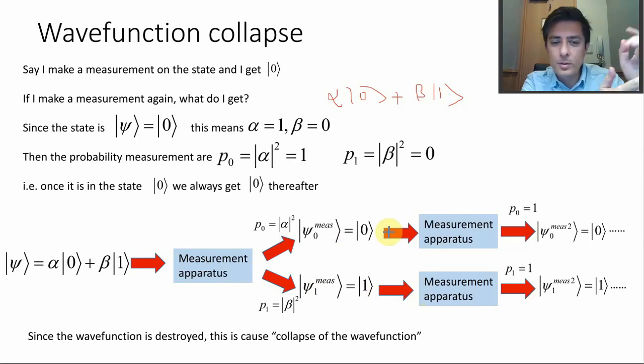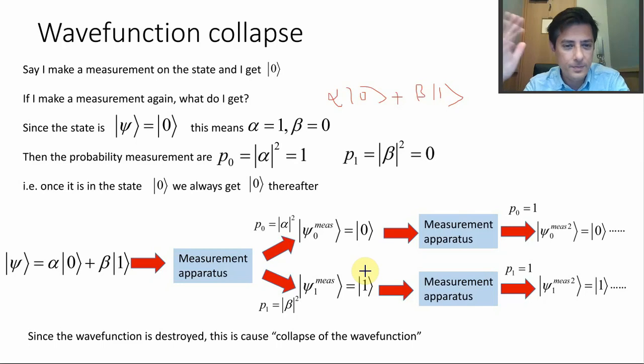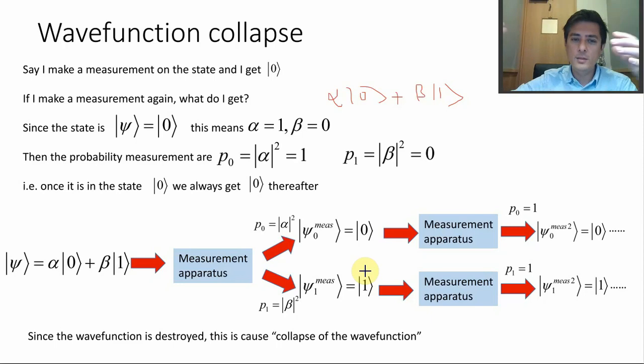This is some way to avoid this discontinuous collapse of the wave function. But personally, I think that those theories are a little bit out there. I find it hard to believe that there's infinity of universes, and of course, this just gets more and more complicated as more and more measurements happen. So it just seems a little bit implausible.